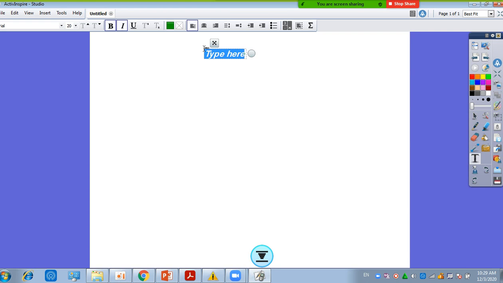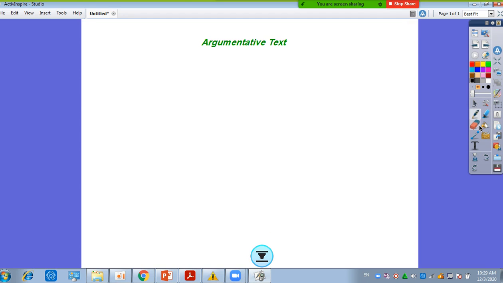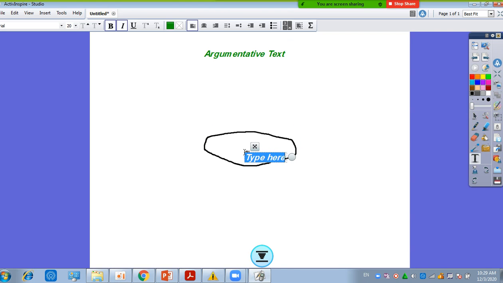We are studying how to write an argumentative text. Yes, we said that we have here in the middle something called the claim.